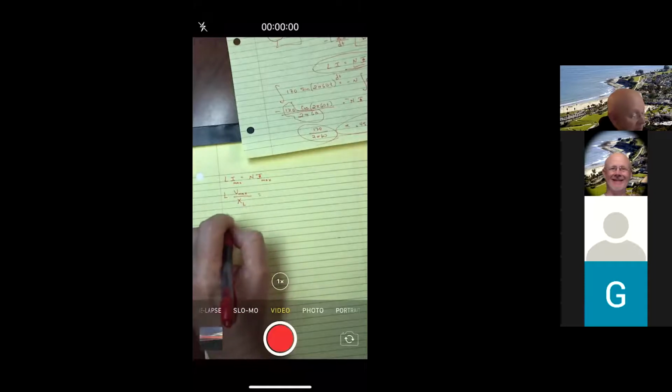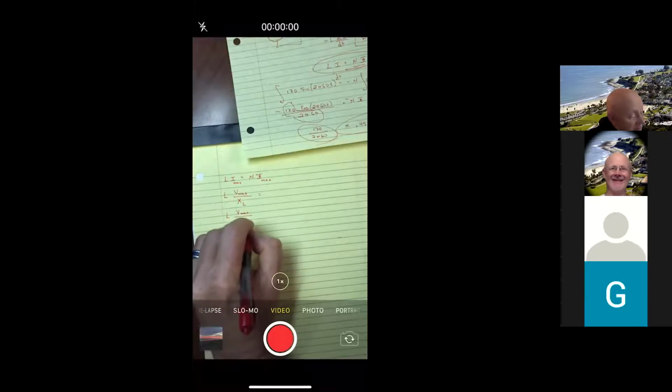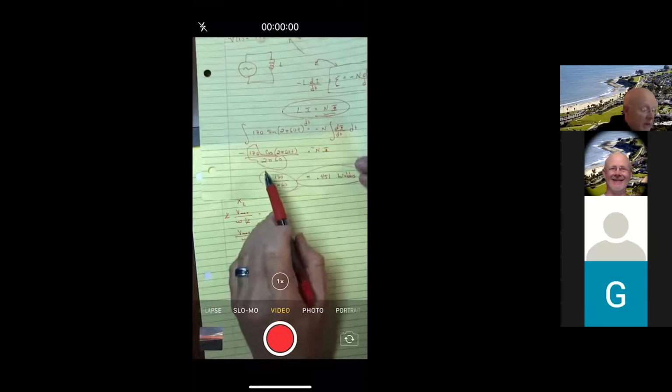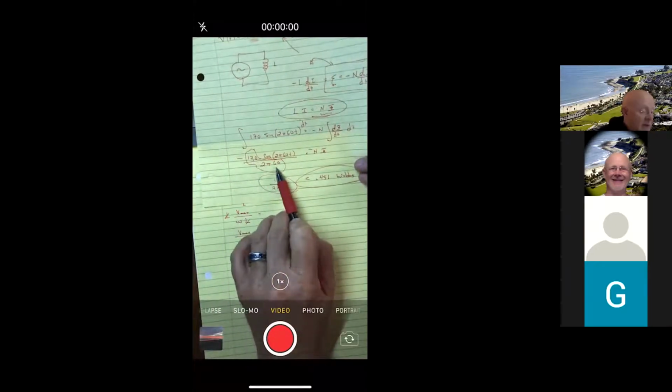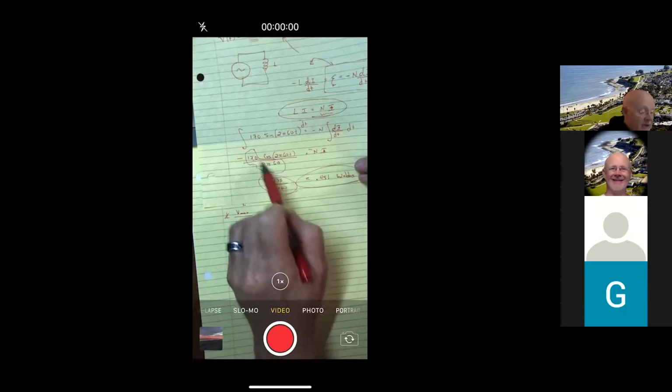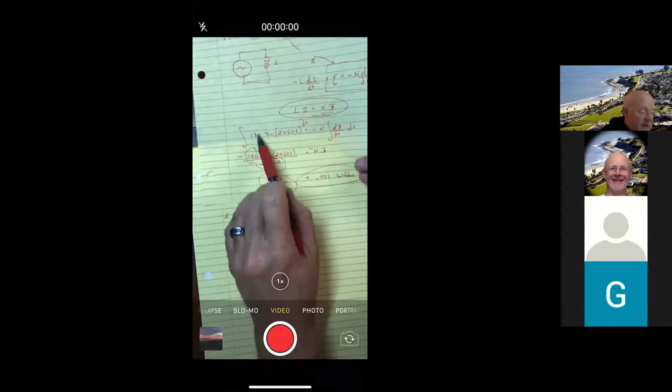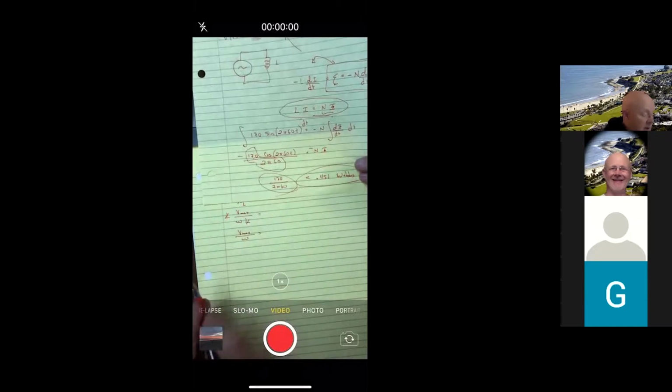Now, the reactance of an inductor is omega L. So the L's cancel off, and then you get your maximum voltage divided by omega. And that's exactly what I have here. I have my maximum voltage divided by the omega. Maybe I should have left it in symbols, but that would have been maximum voltage over omega.